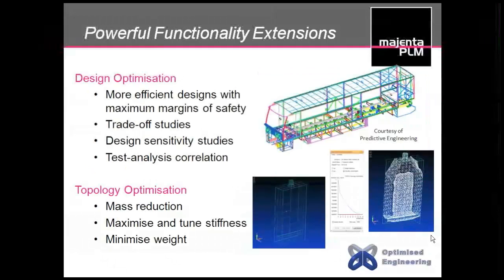We've got design optimization tools and topology optimization. Topology optimization is quite interesting because you can define a set of loads and a block of material, and the analysis goes away and carves away the material that's not actually pulling its weight, so to speak, not doing any work. So you end up with an optimized structure for handling that load set.